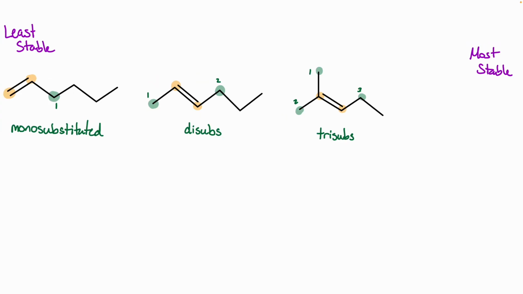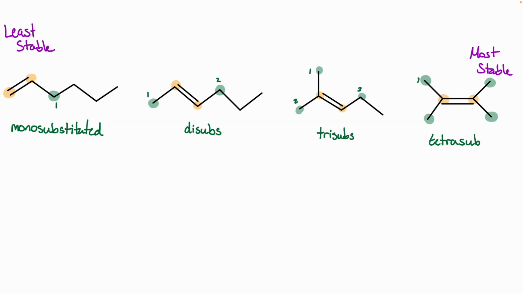And then the most stable would be a tetra-substituted alkene, which is when all 4 of those bonds are carbons. So this one's got 2, this one's got 2, for a total of 4.